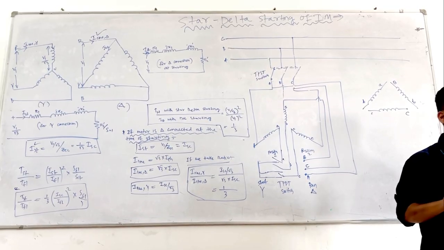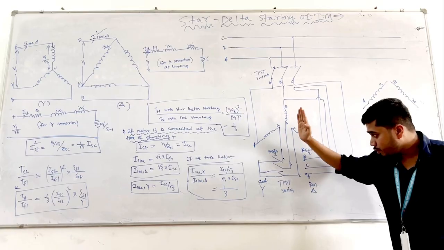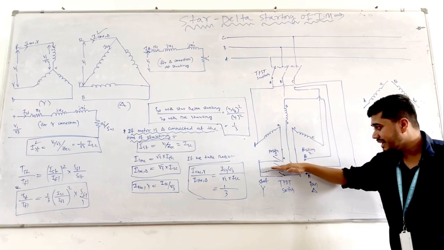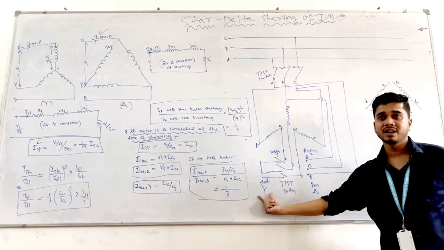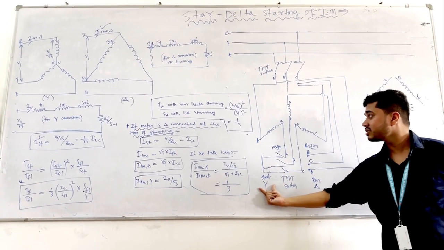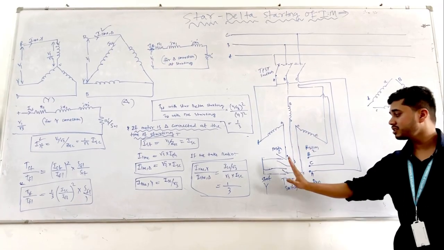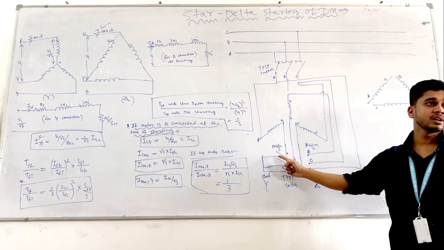Understood or not? When position 1 is on, the small a, small b, small c are shorted, and it makes which connection? Because there is a neutral point, it makes the star connection. These three windings are star connected when my TPDT switch is in position 1.